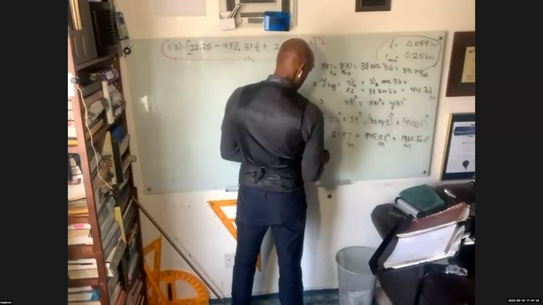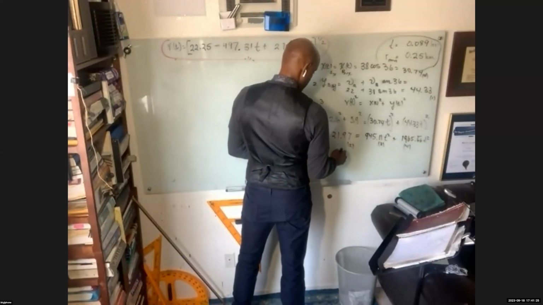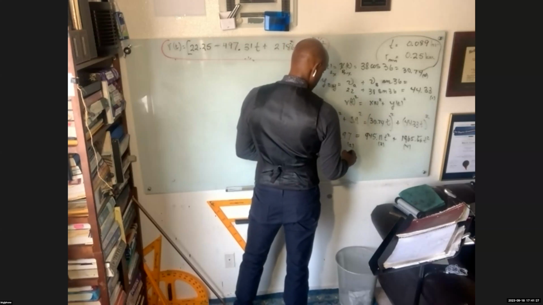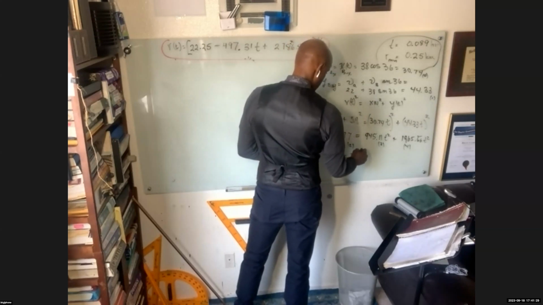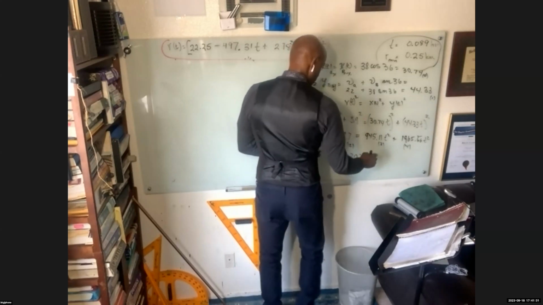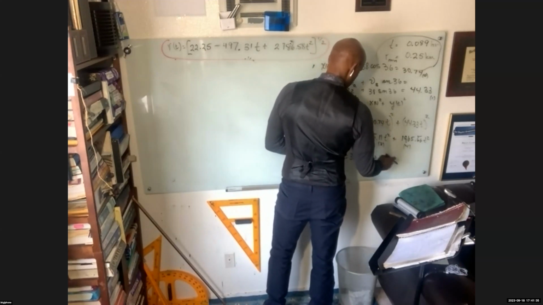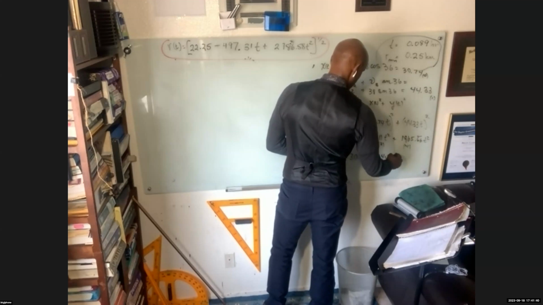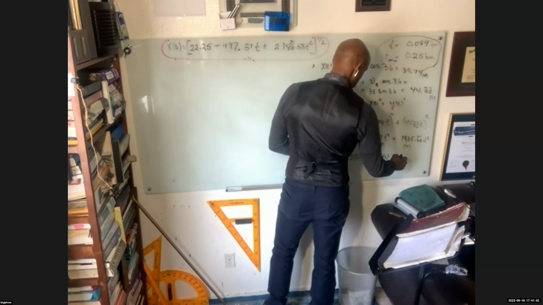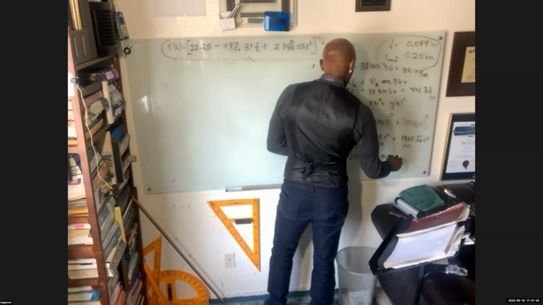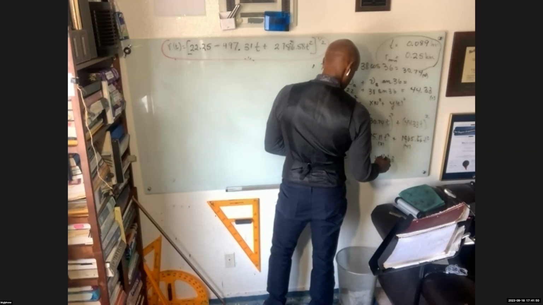So we could write it like this: equals 30.74 t plus 44.3 t squared.